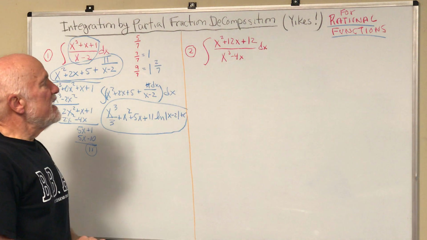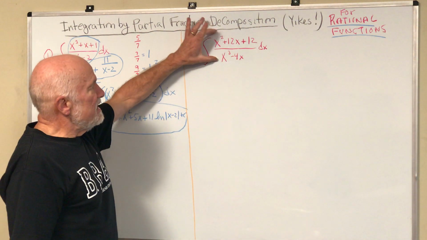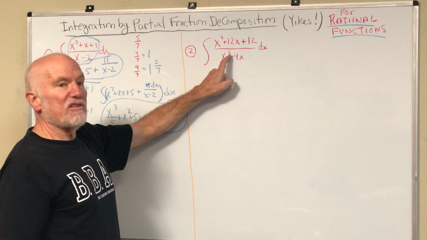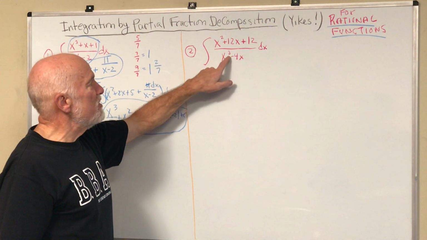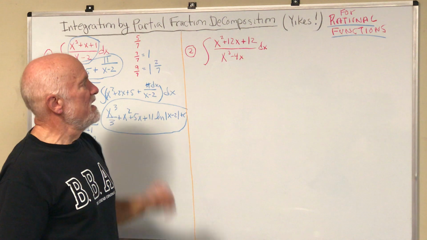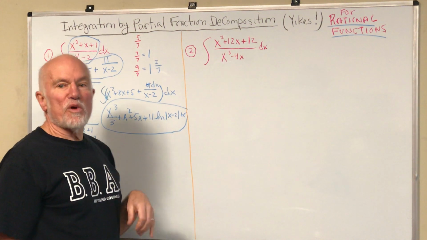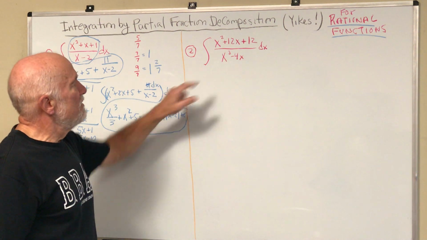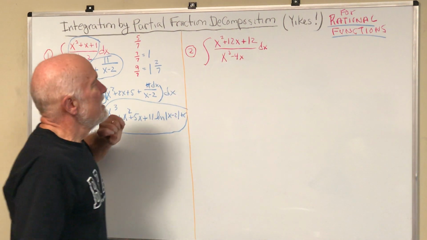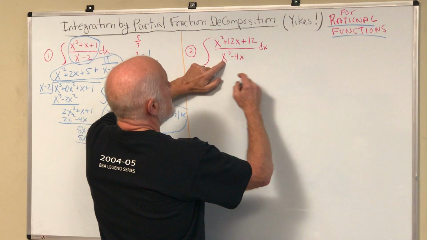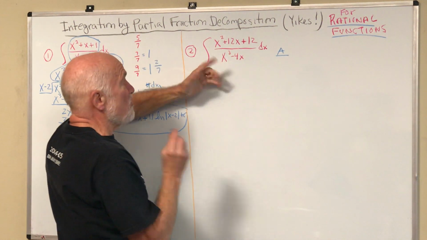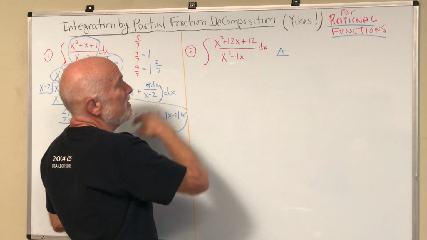Now, the second one is a proper rational function. X cubed has a higher power than this one. So in order to do that, we're going to break it apart into 3 simpler fractions. So what we're going to do is go a, and this only works if you can factor the denominator.